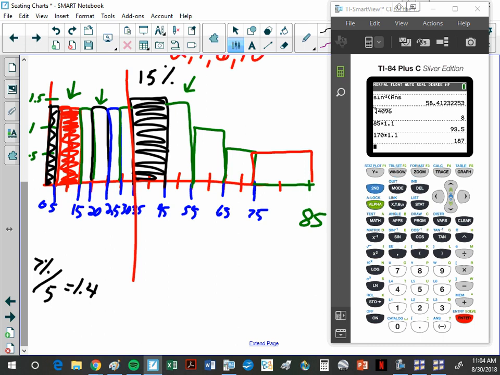So, I guess what they're saying is those class intervals are evenly distributed. But technically, we don't know, right? So, are there more people in this column or in this column? And the answer would be 0 to 5. But again, we don't really know because we don't have enough information.